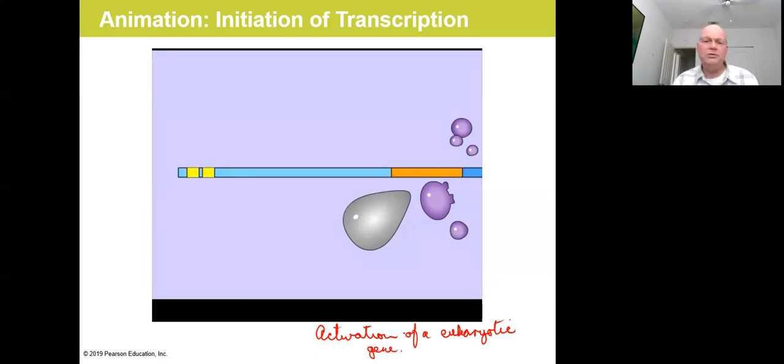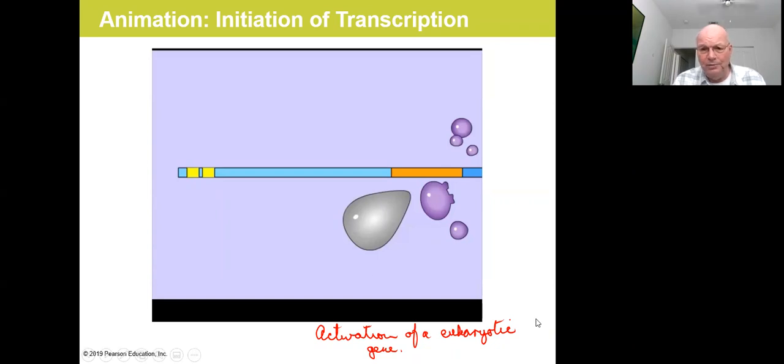And of course, as always, these animations are located on the resource pages associated with this chapter. So this is chapter 11. So you'll want to go to the chapter 11 resource page and you will find this animation, and all the animations are listed in sequence according to how they appear in the presentation. So you shouldn't have too much trouble finding this one.